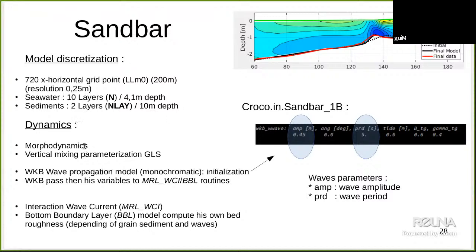For the dynamics, you are using morphodynamics also. And then WKB is the wave propagation model. So it gives you monochromatic waves given by the namelist of CROCO in the WKB wave section.